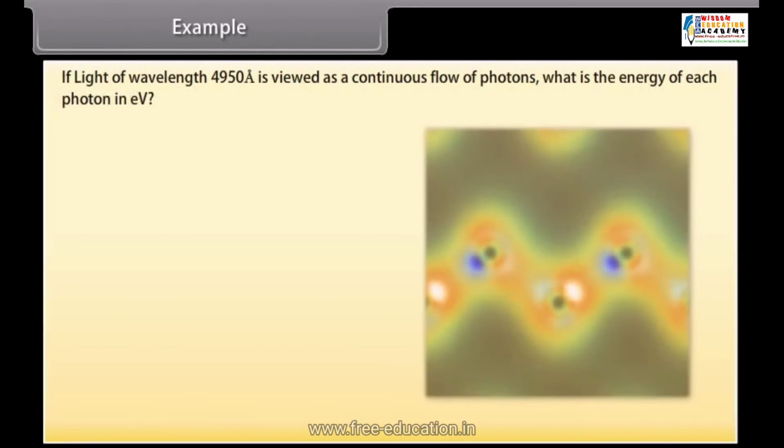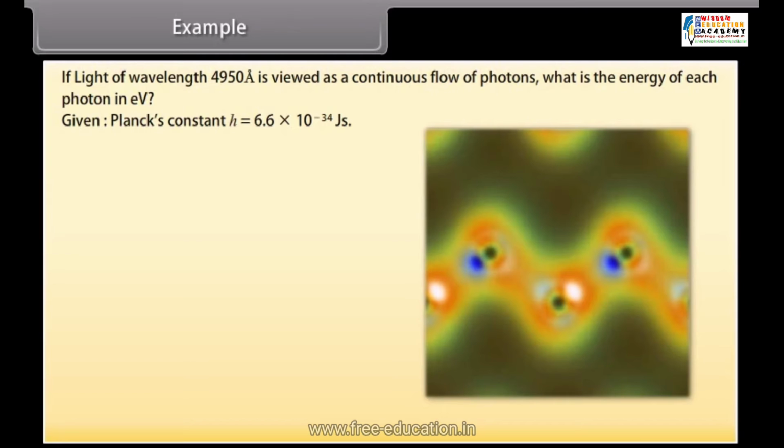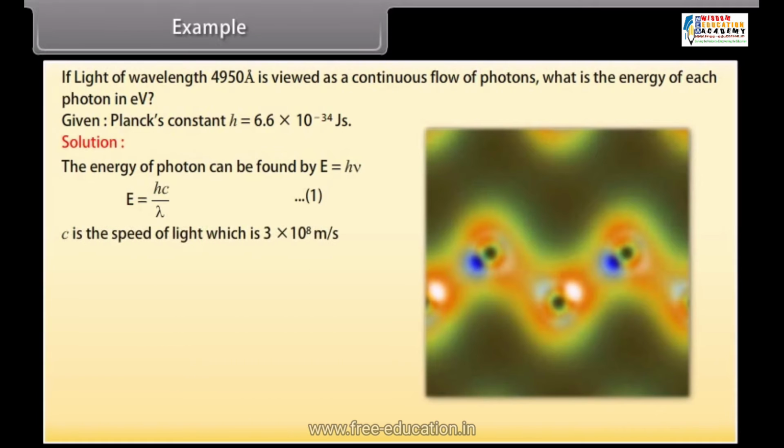Example. If light of wavelength 4950 angstrom is viewed as a continuous flow of photons, what is the energy of each photon in eV? Given Planck's constant h as 6.6 × 10^-34 joule second. Solution. The energy of a photon can be found by E equals hν, E equals hc by λ, name it as equation 1. c is the speed of light, which is 3 × 10^8 meter per second.